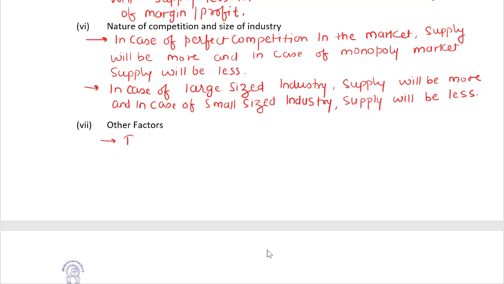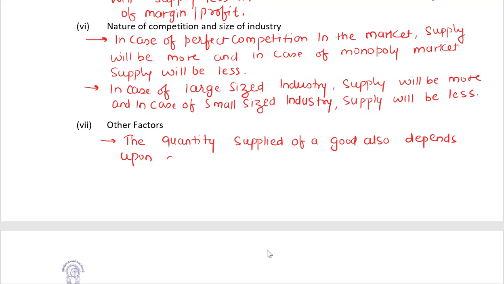Other factors. The quantity supplied of a good also depends upon government, industrial, and foreign policies.